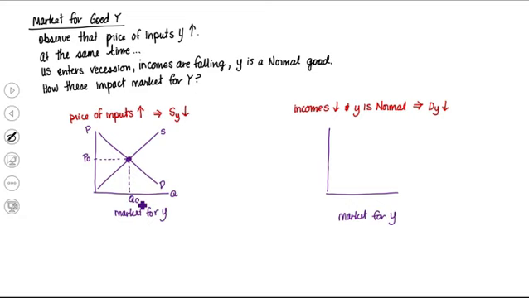I'm going to do the same thing on the right. So downward sloping demand, upward sloping supply.